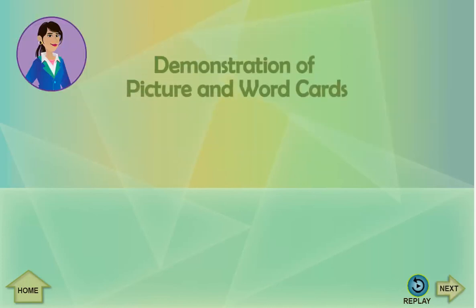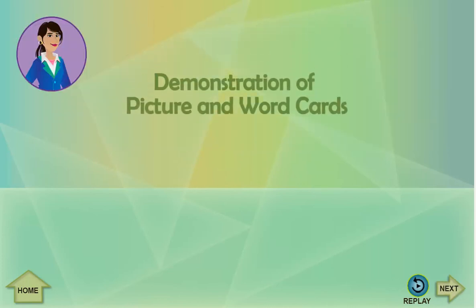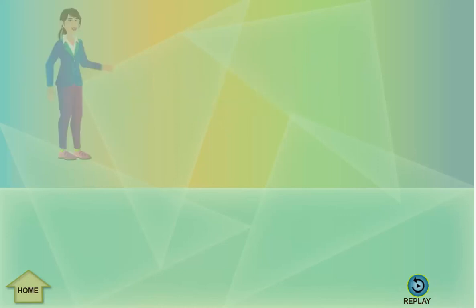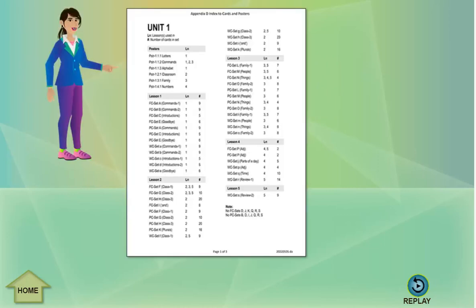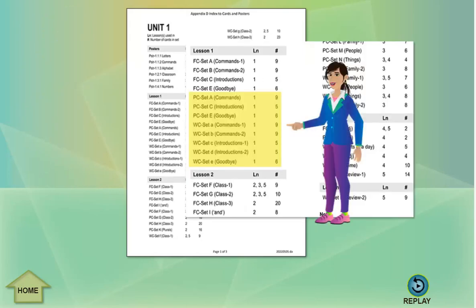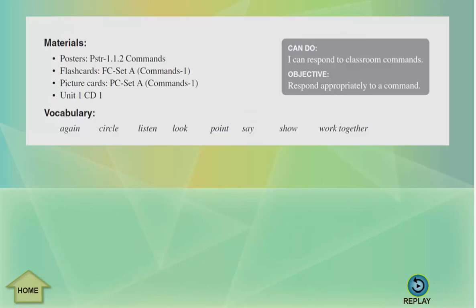Let's talk briefly about how picture and word cards are used in the Fundamentals course. Before the lesson, open Appendix D, Index of Cards and Posters in the instructor's textbook. The Appendix D tells which picture and word cards are used in the lesson. For this lesson, the instructor will need picture set A commands.